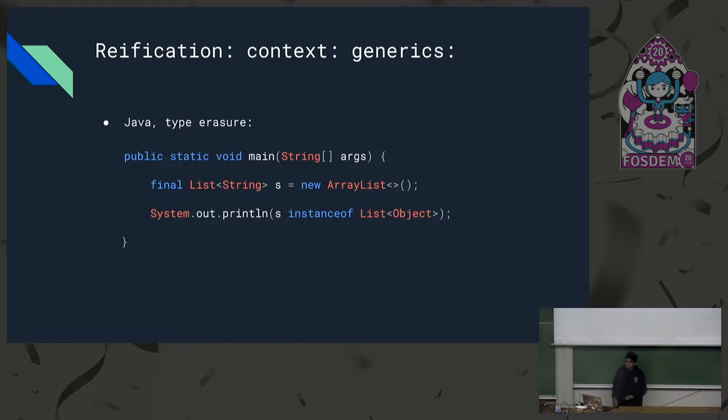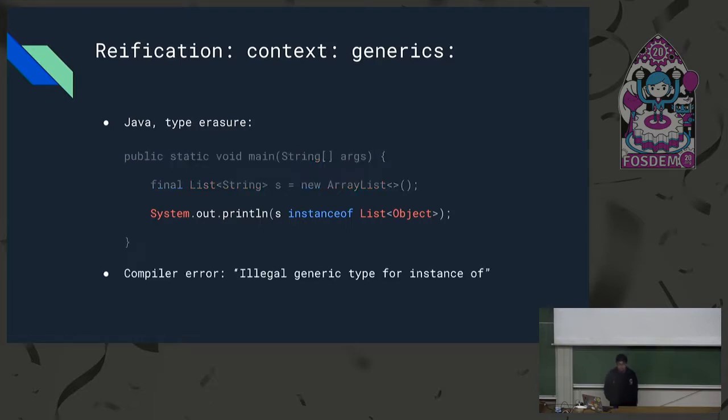So consider this example over here. You have a list of string which is actually an ArrayList, an instance of an ArrayList. And if you try checking the instance of that list and run this code, you actually get an error saying it's an illegal generic type for instanceof. Because the runtime does not actually know, and the compiler throws you a warning for that, because the runtime does not know what type of instance it is.